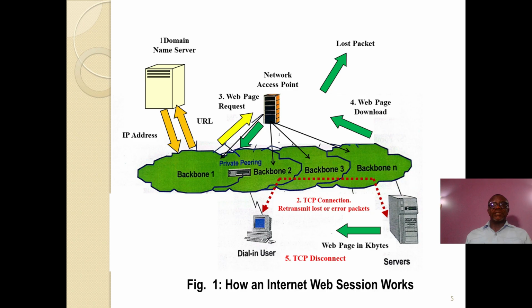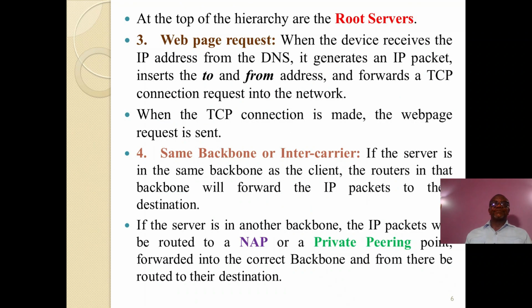We will come back to this diagram. Now, say at the top of the hierarchy are the root servers. So at this root server, if the address is not found, it routes the request through the network access point to another backbone to look for it.